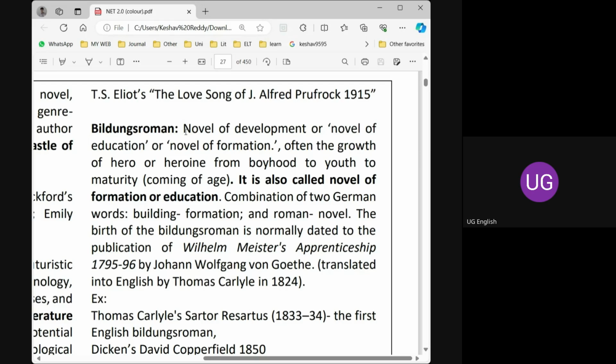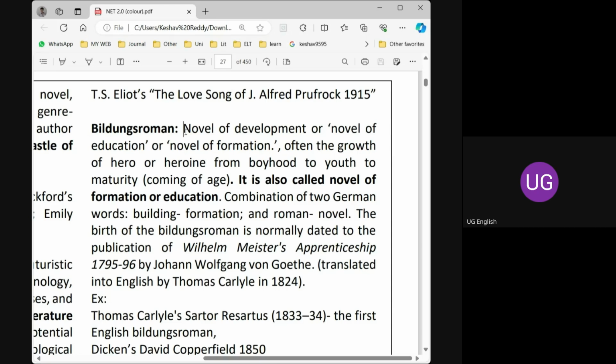Coming to this Bildungsroman. Bildungsroman is nothing but a novel of development, a novel of education, a novel of formation, a novel of growth, or in other words, a coming-of-age novel. The focus is on the growth of the hero or heroine, especially from boyhood to youth.